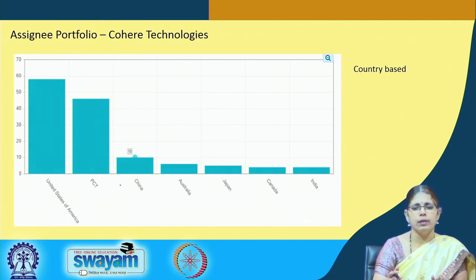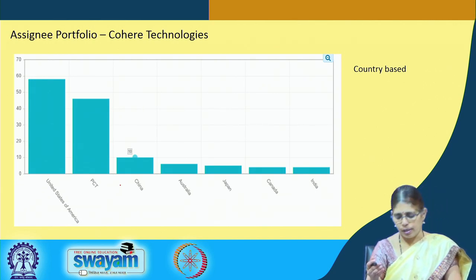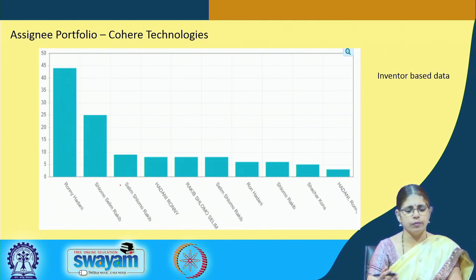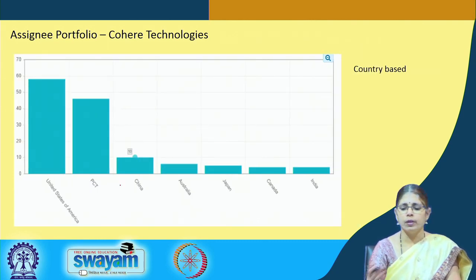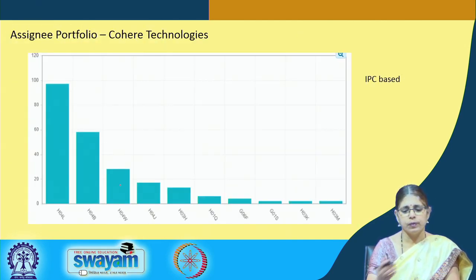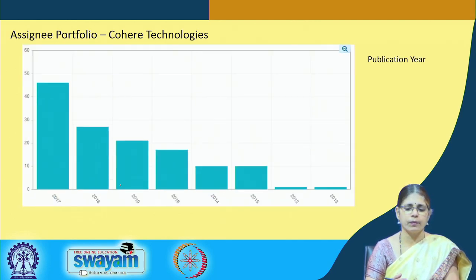One can look at the country based information in relation to this assignee. What is the inventor based information? Who are the inventors in relation to this assignee portfolio? Then the major IPCs in which the patents are spread for this particular assignee, and the publication of patents in relation to a specific year from where the publications are coming up.